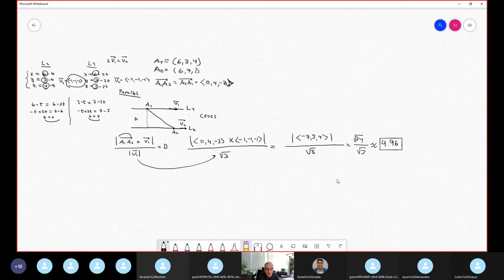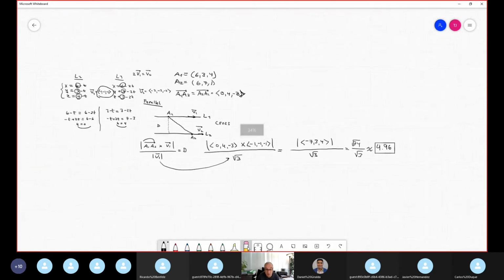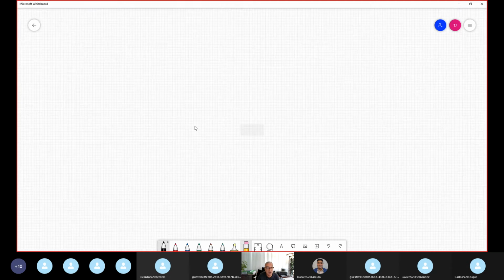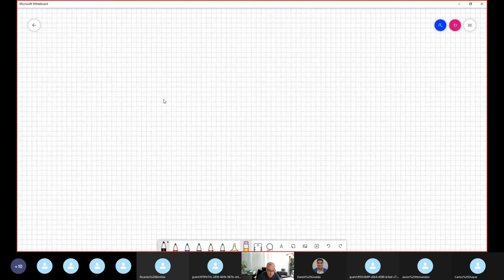Okay, let me try to explain skew now. Skew is the most popular case. A skew line is the most frequent, it often happens. Suppose line 2 and line 4. Line 2, you know, and the other example.